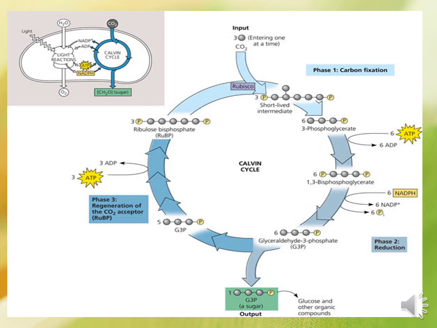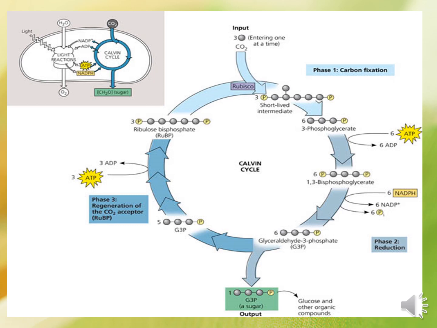In phase 2, we need to use the products from the light reaction, which in the reduction we use ATP and NADPH. How does this process occur? This 3-phosphoglycerate receives a phosphate from ATP and becomes 1,3-bisphosphoglycerate.